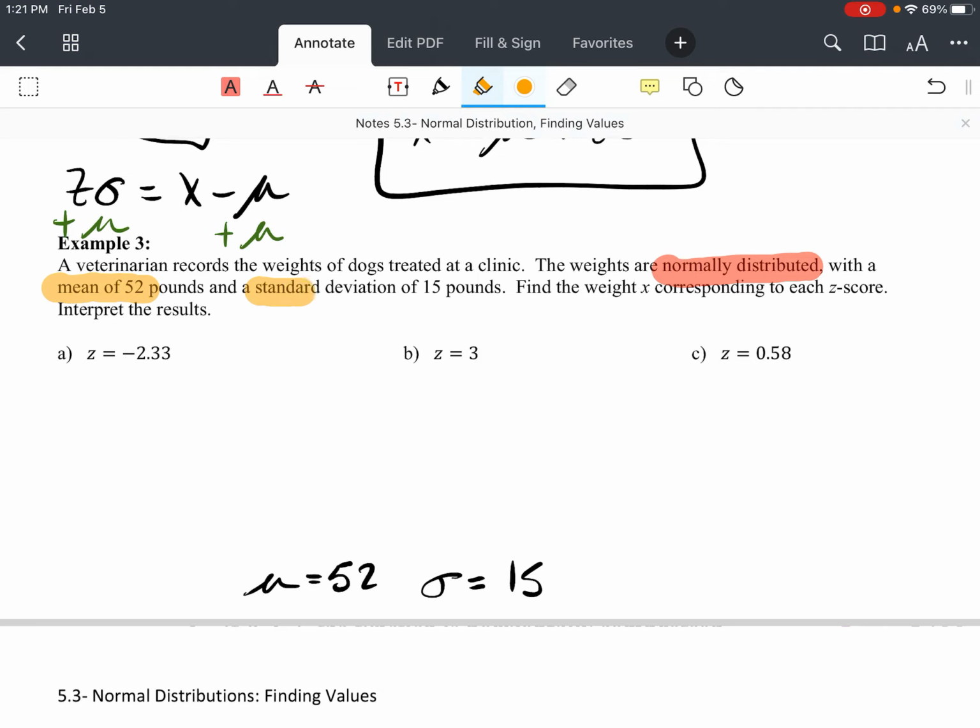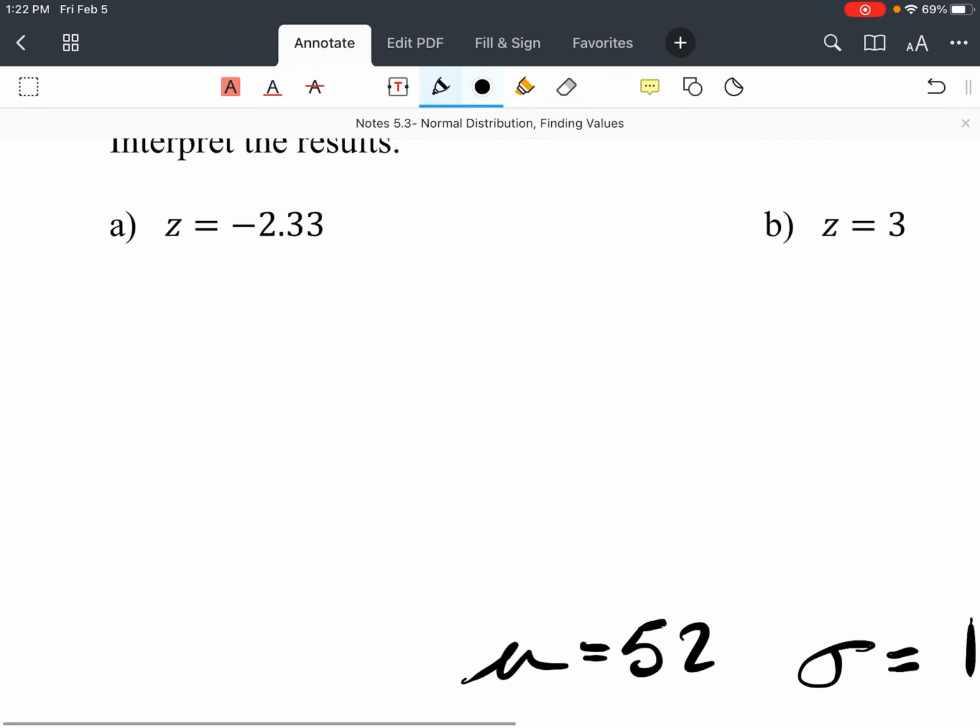Again, the key here is to make sure you're looking for that average and that standard deviation. We want to find the weight that corresponds to each of those z-values. In other words, we're changing our position scores back into actual data entries.